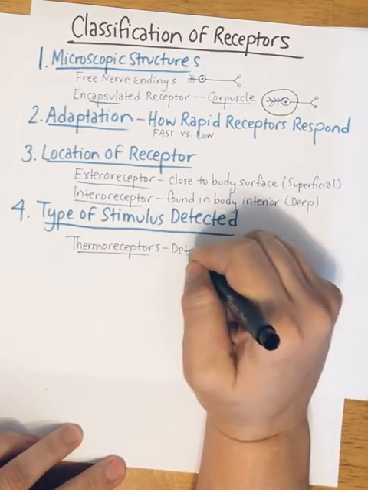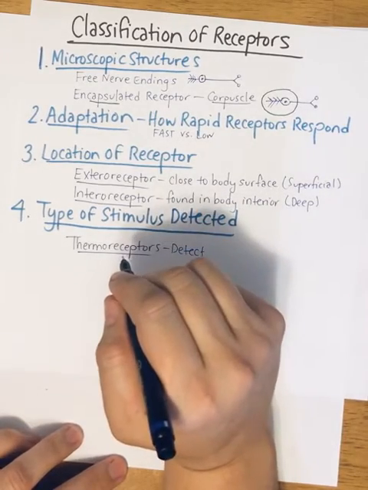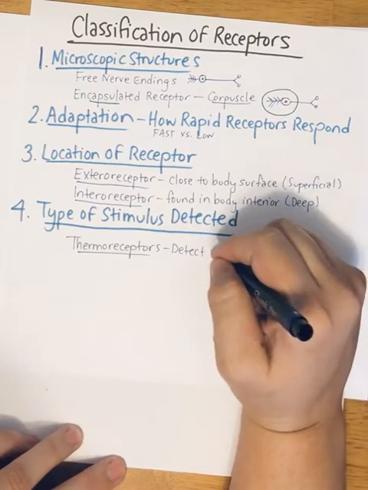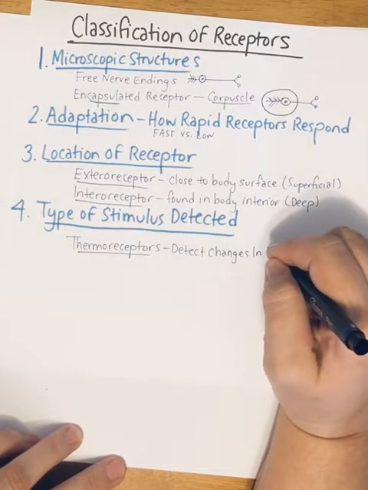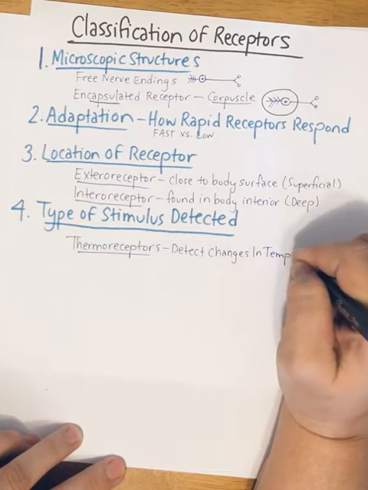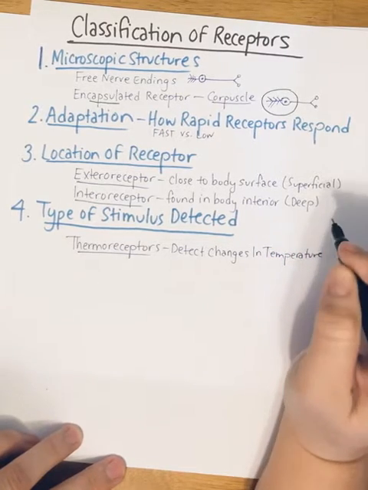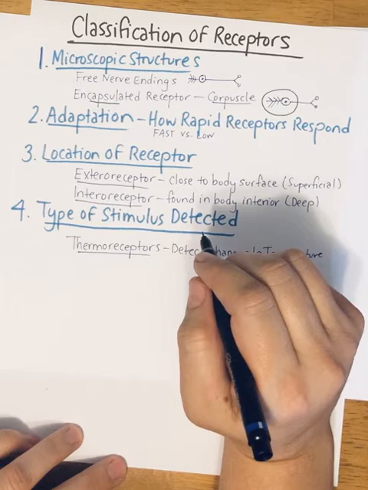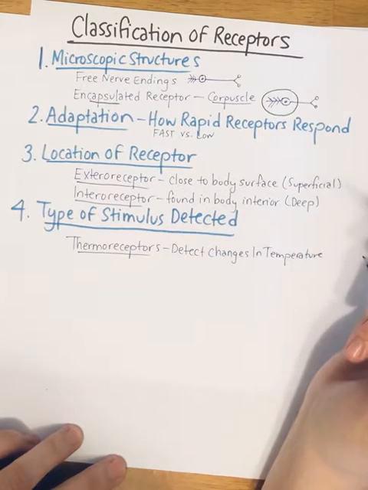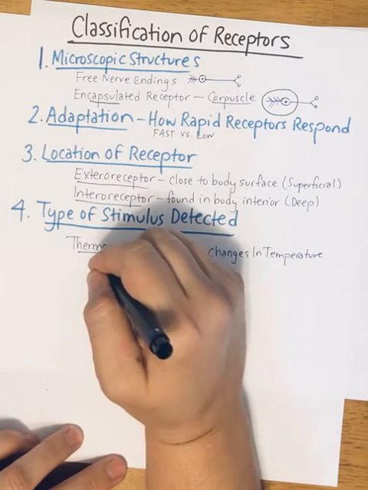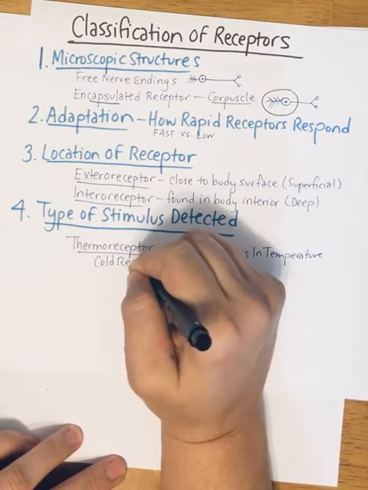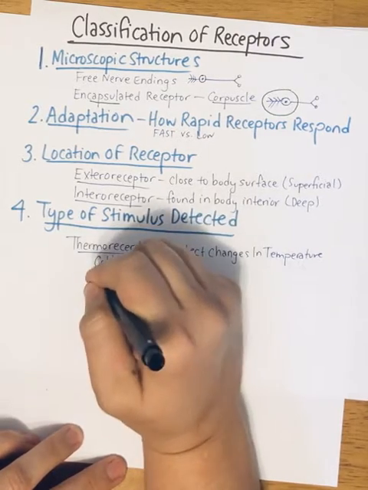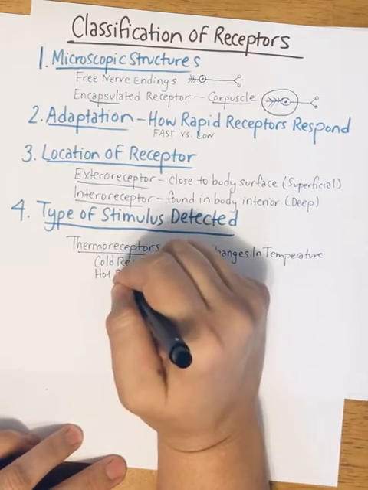These are going to detect changes in temperature. So we have two types. We have cold receptors and we have hot receptors.